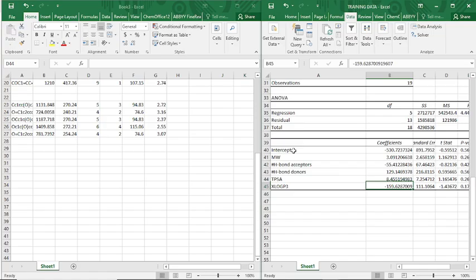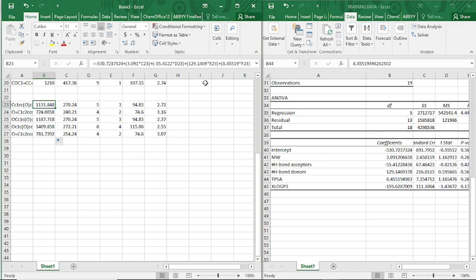All these coefficients are the B's. This one for intercept is the B0. This one is the coefficient of molar weight, the coefficient of hydrogen bond acceptor, the coefficient of hydrogen bond donor, the coefficient of TPSA. So you will now type in that equation. This was what we typed in.